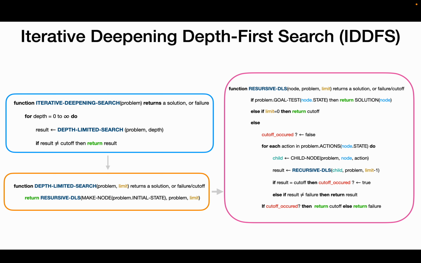The first two, the orange box function, which is depth limited search, and the pink function, which is recursive DLS, we have seen in depth limited search. The new thing is this blue box where we have iterative deepening search, where we run a for loop from depth values ranging from 0 to infinity, and we call depth limited search multiple times until we find the result. So that's how it works.